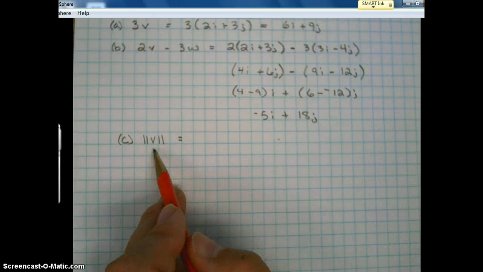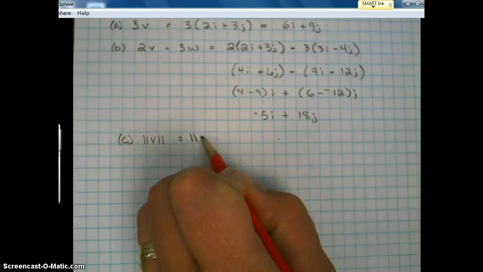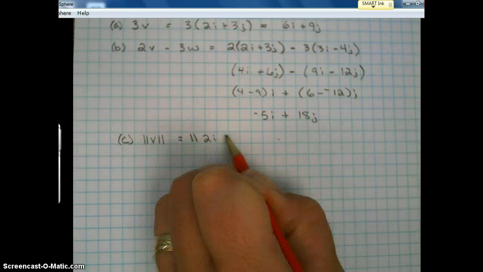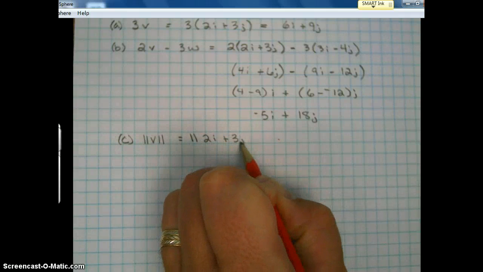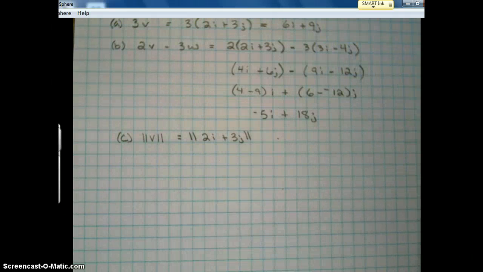Magnitude of v. So we're looking for the magnitude of vector v. So the magnitude of 2i plus 3j. Now there is a formula for magnitude, very important formula in your textbook, and it is found on page 613, number 5 in the yellow box.